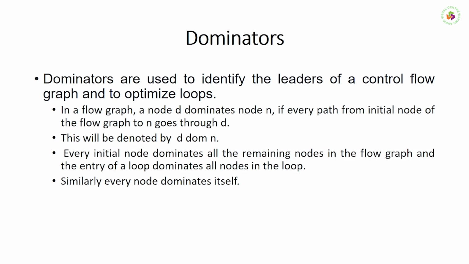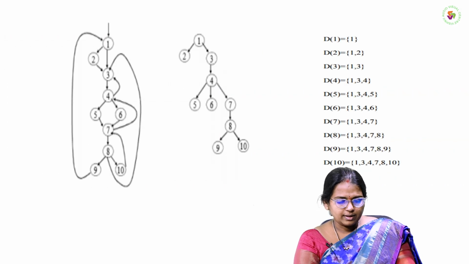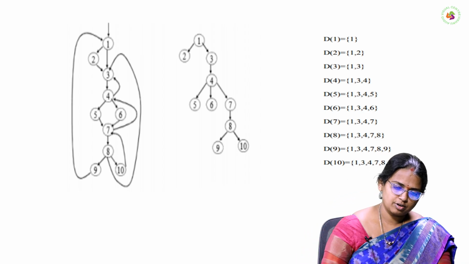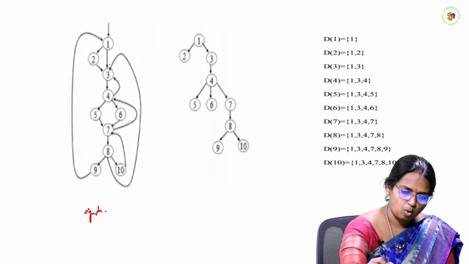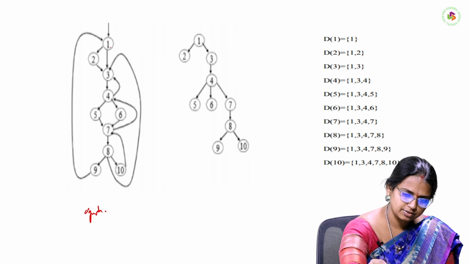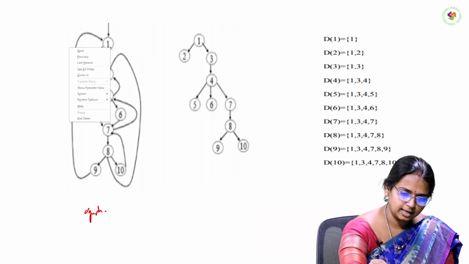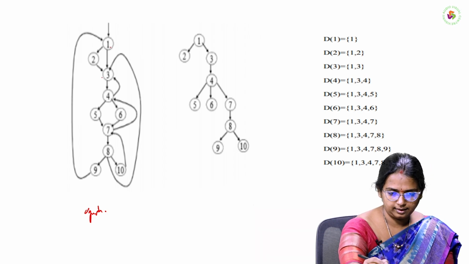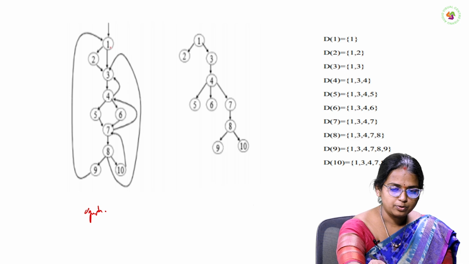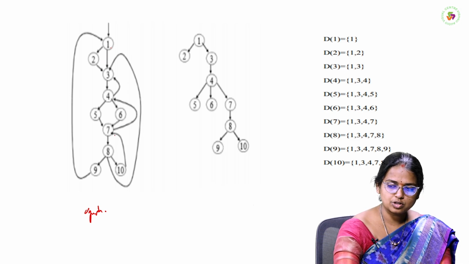So here, if a node D is dominating a node N, we represent it as D dom N. See here, when we talk about dominators, first of all, this is a graph. Now, the node through which everything is passed is known as the header node. So here, through 1 only, all the elements should pass.